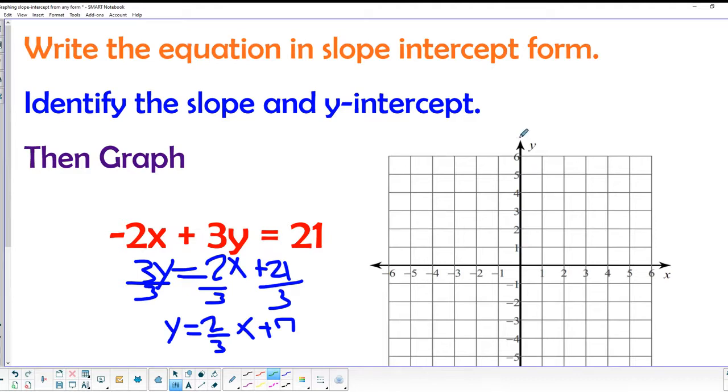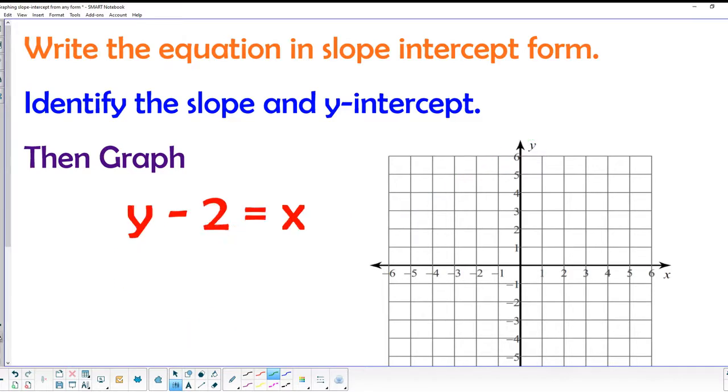Oh my gosh, that's clear up off the screen. And we can't very well go up and over 3 and up 2 more, so we've got to go back 3. Down 2 and then back 3. 1, 2, 3. All right, so let's try that again. Down 2 and over 1, 2, 3. So there's our line right there. And that's what that one would look like. Quite a ways up there, almost off the screen, wasn't it?